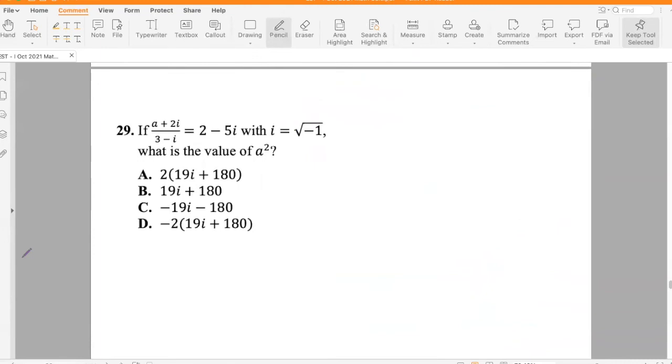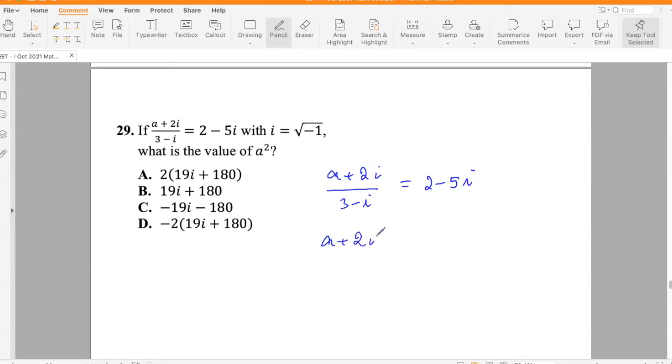If a plus 2i divided by 3 minus i is 2 minus 5i with i as the square root of minus 1, what is the value of a squared? Okay, so a plus 2i divided by 3 minus i is 2 minus 5i.